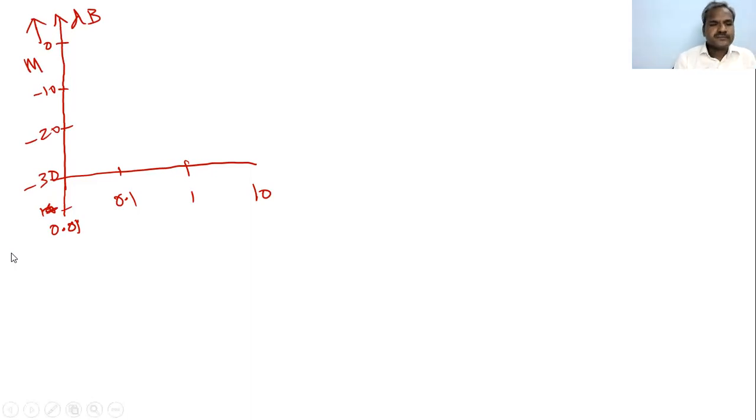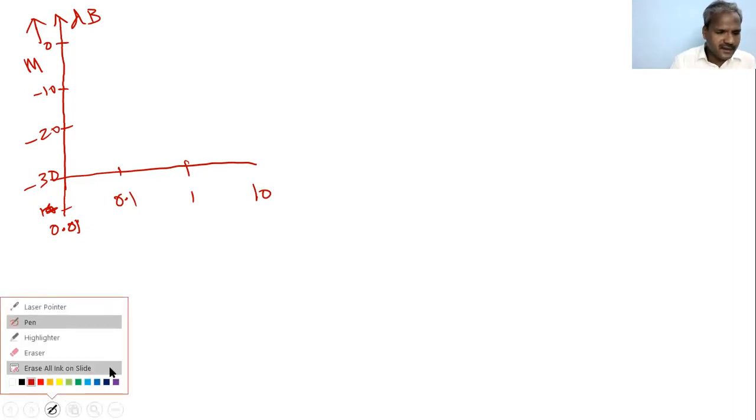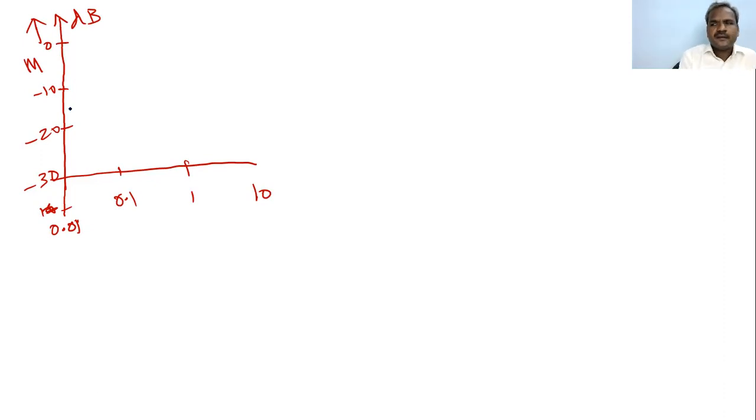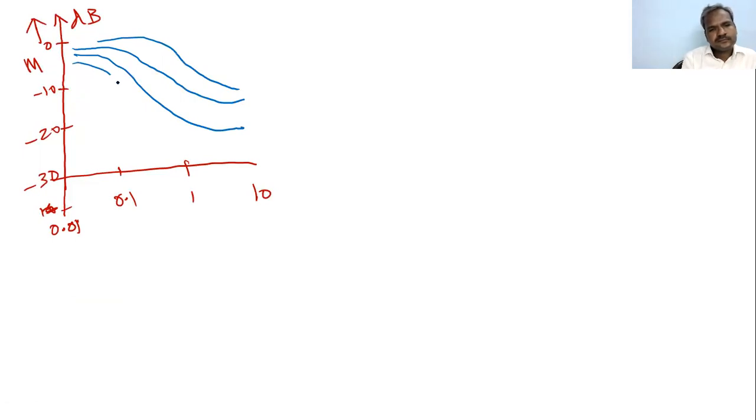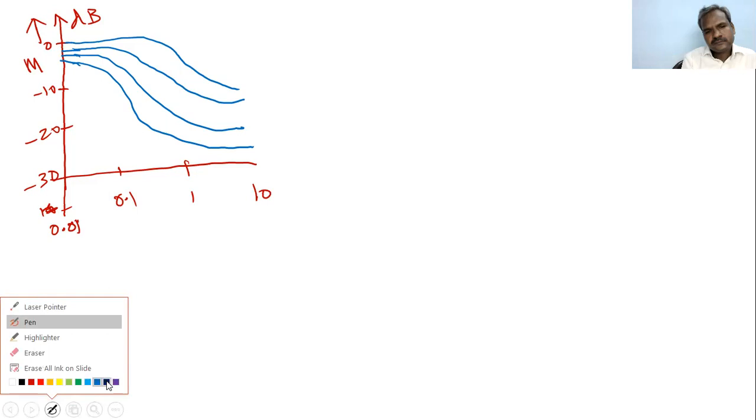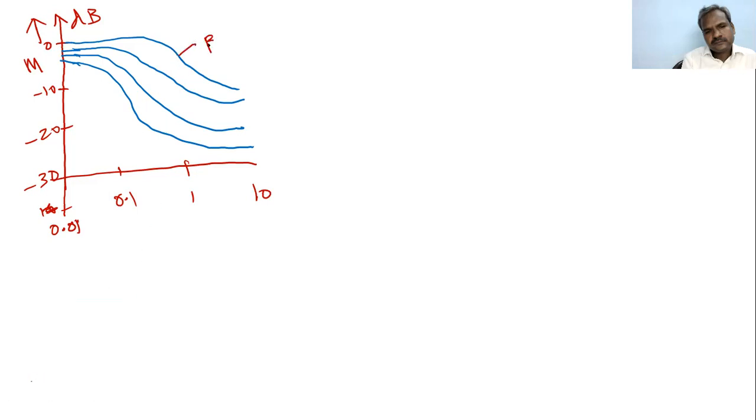So when we vary the beta value from lower to higher, let's have this plot. This is beta 1, say 3.